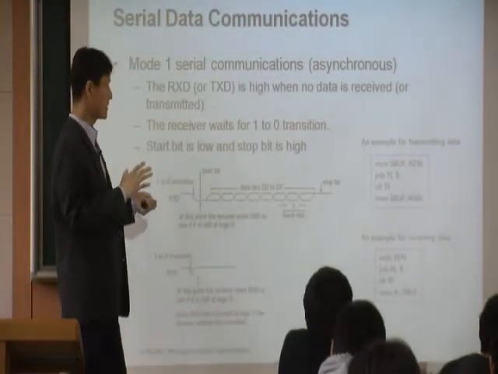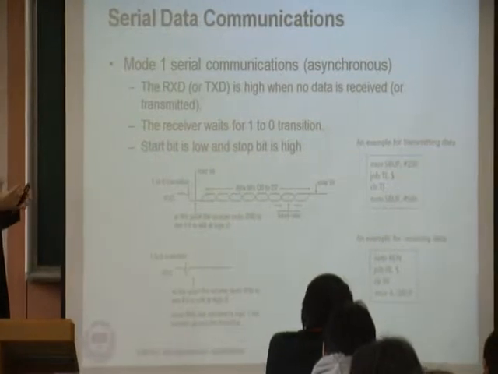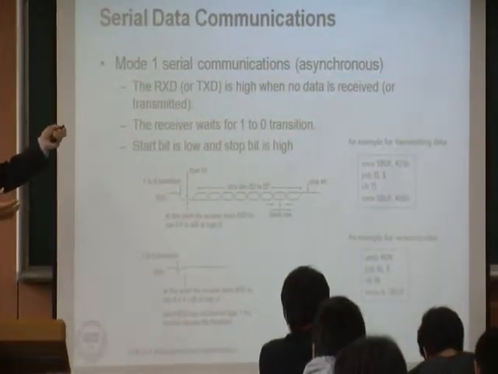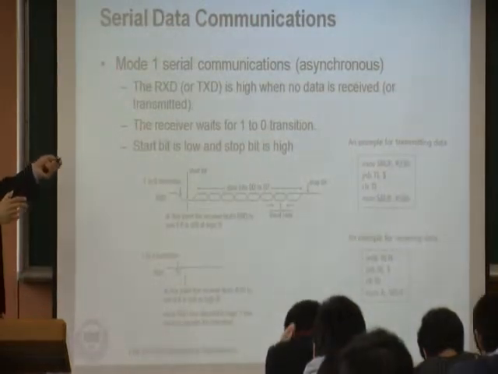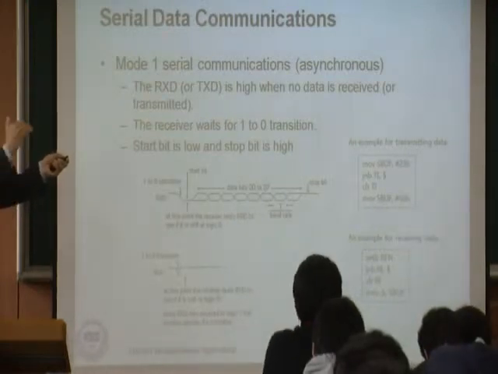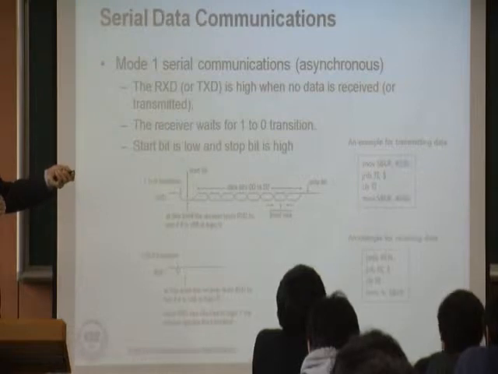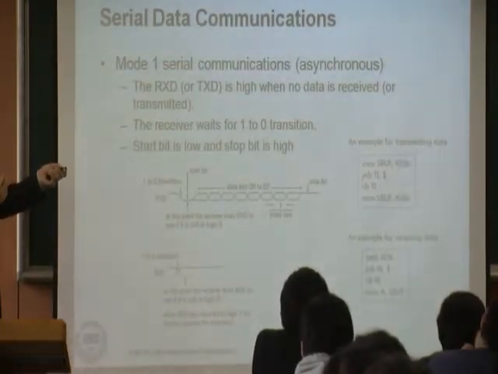Let me give you one example here. This example shows you how serial communication works in asynchronous communication, mode 1, because mode 1 is the popular one. As you see here, the receive data pin is typically high when no data is received. When you are in the idle state, you have high.